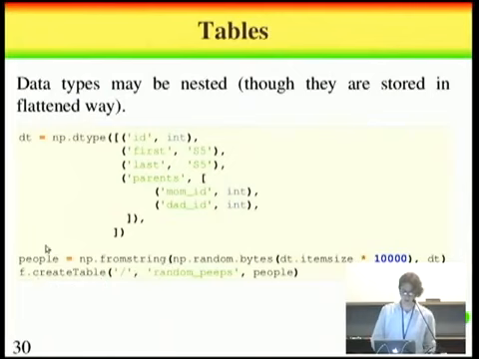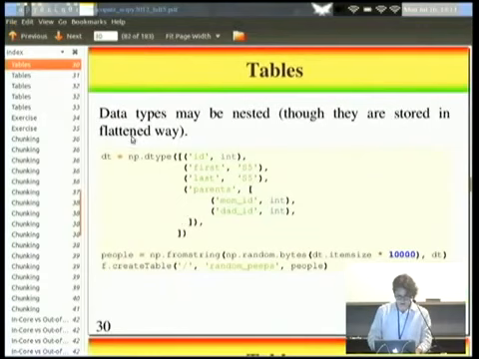These are just integers that go back to mom and dad, but they get stored in this other way. So here, if you were to run this command, you would be able to create a table of these people, and you would see that the data type gets nested. I can't copy and paste easily from this in presentation mode.